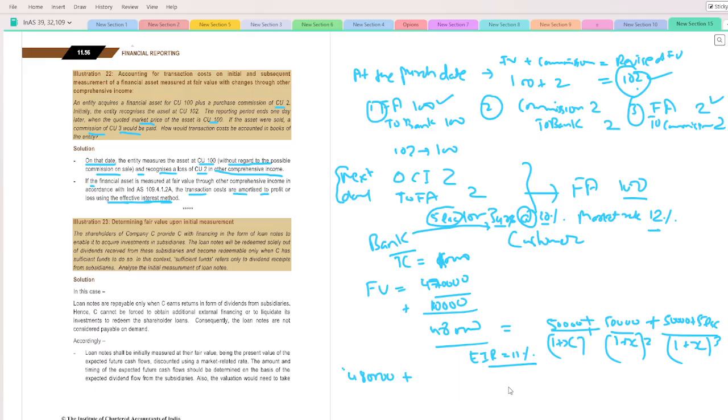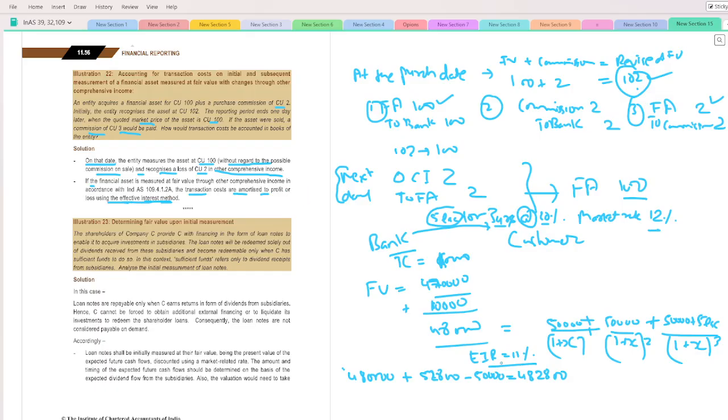So how much will it be coming? 4,80,000 into 11%, so your interest amount will be 52,800, and your coupon will be 50,000. So the amount will be coming 4,82,800. This example is talking about the FVOCI.